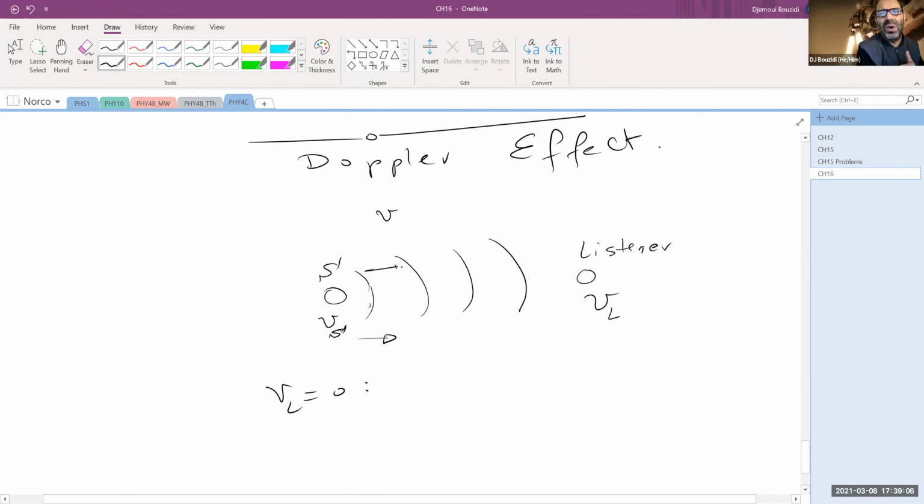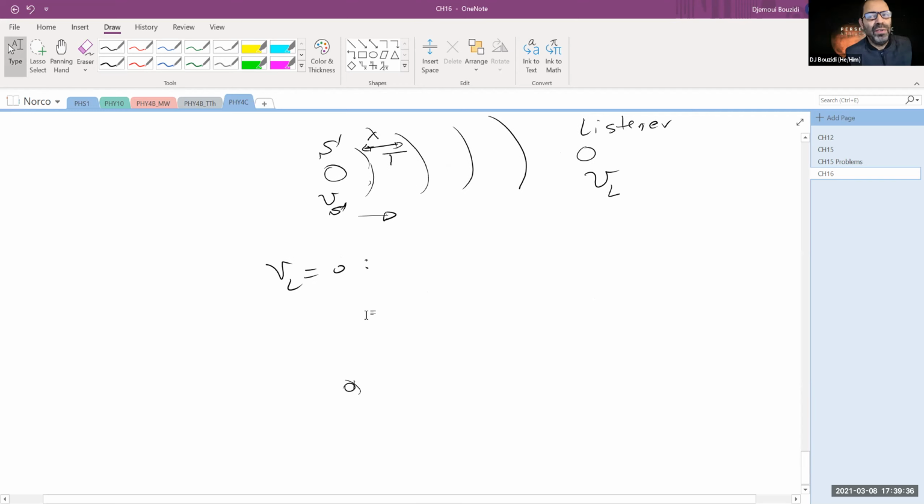So the distance between wavefronts is lambda if it was not moving, of course, and the time delay between them is the period. So it sends a wave, waits T time, the period, and then sends another wave. The peaks are separated by lambda distance, and in time they're separated by T, the period.